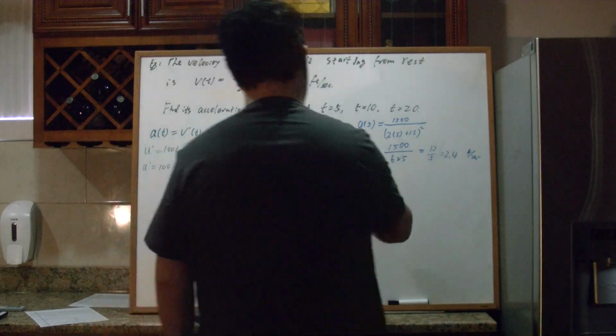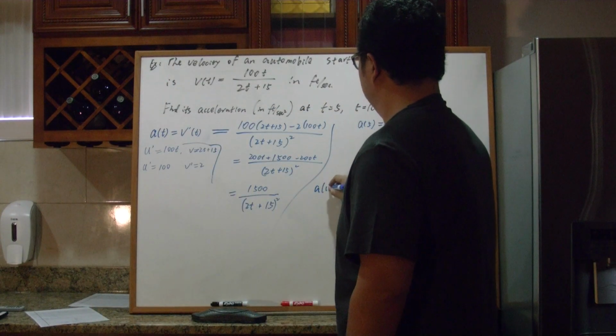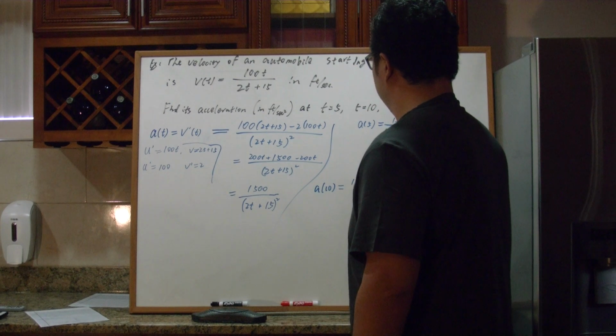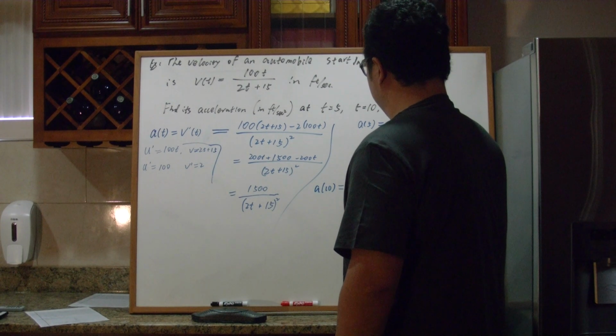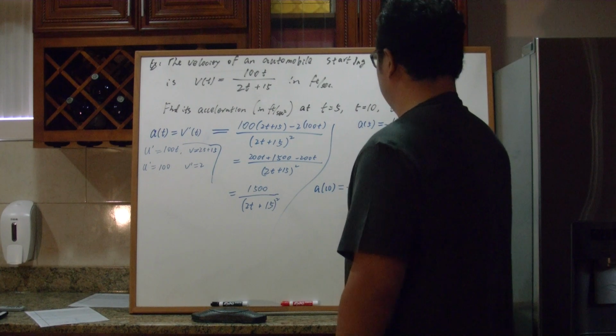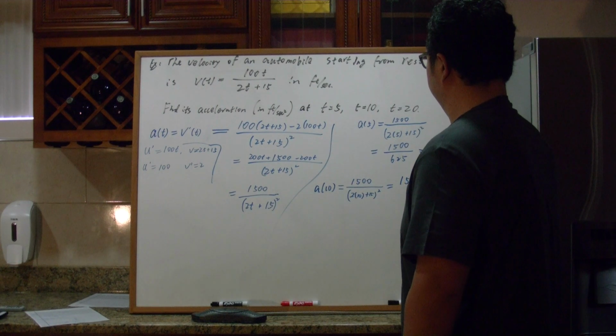And in 10 seconds, we put a of 10: 1500 over (2 times 10 plus 15) squared. I'll get 35, which will be 1225.